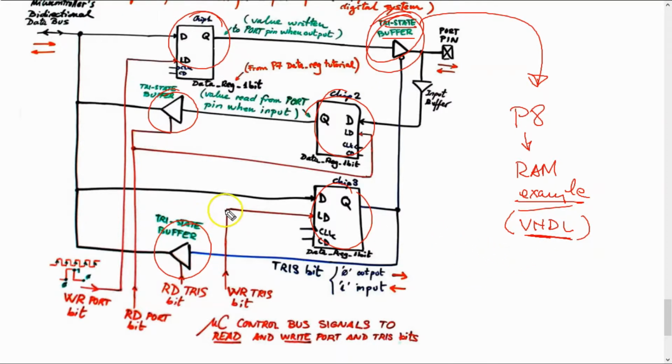So that's it. In the end, you can discuss very well how, by means of several control lines, a microprocessor or control unit signals to control the read and the write to a given port and its TRIS bits. Not bad, right? Well, we are not going to work at this level, naturally.